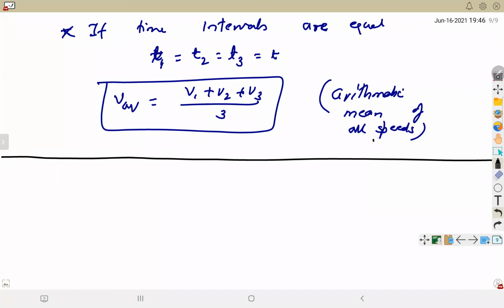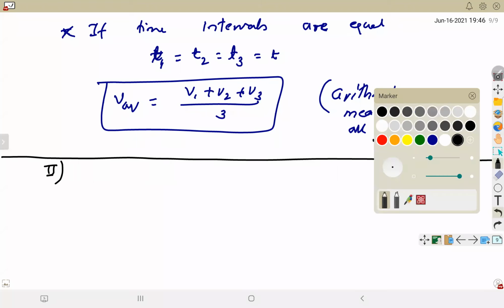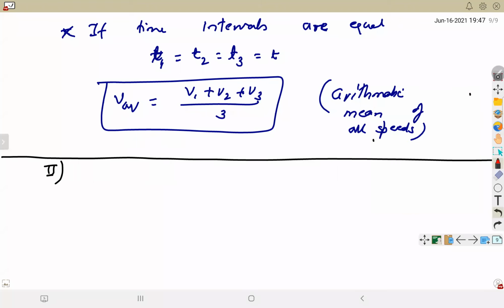Right, second case. Second case is suppose the particle covers first s distance with the speed v1, next s distance with the speed v2, and the last s distance with the speed v3. Or maybe we take s1, s2 and s3.